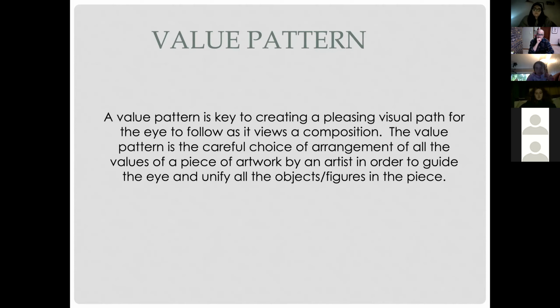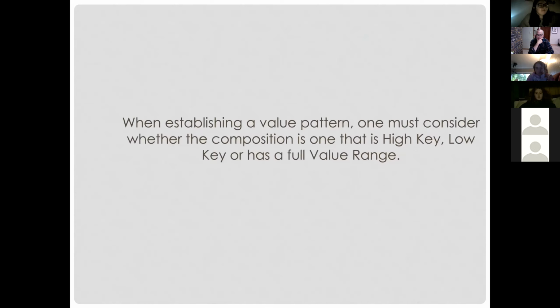So a value pattern is key to creating a pleasing visual path for the eye to follow as it views a composition. The value pattern is a careful choice of the arrangement of all the values of a piece of artwork by an artist in order to guide the eye and unify all the objects and figures in the piece. When establishing a value pattern, you have to consider whether a composition is one that is high key, low key, or has a full range of value.